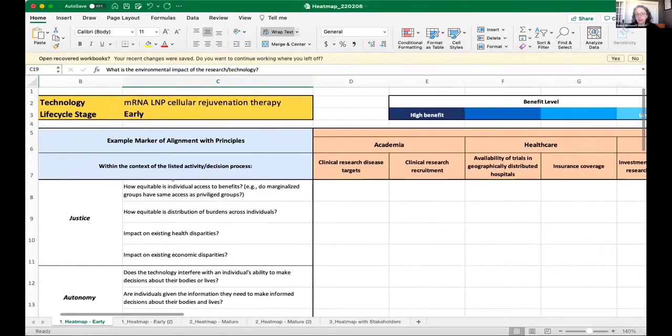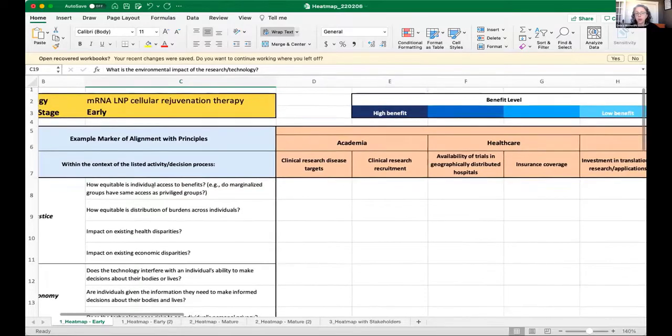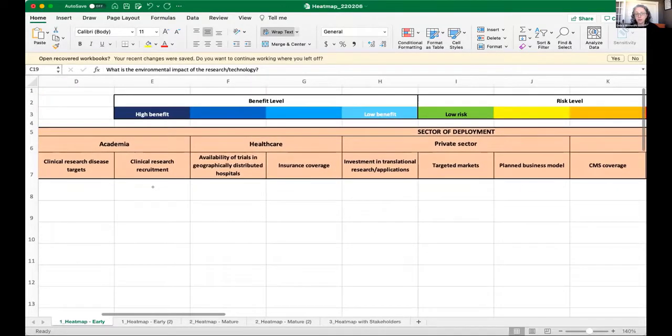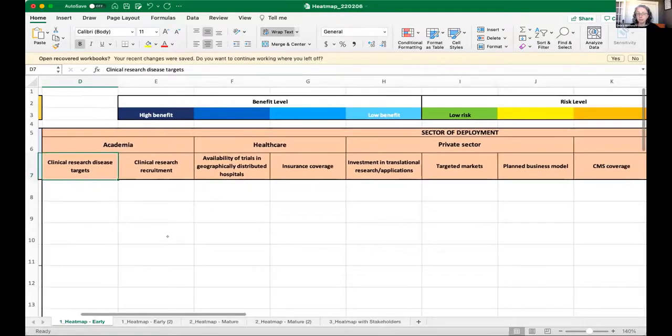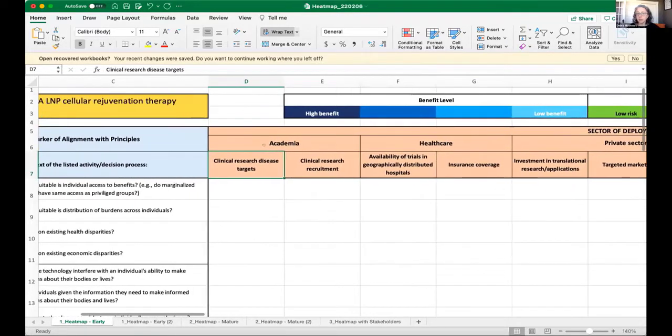And the idea is that you would then ask these questions. These are just example questions. So you would ask a set of questions across these sectors and activities or decision processes. For example, in academia, if you're determining what your clinical research disease targets are going to be, you can ask this series of questions, right?